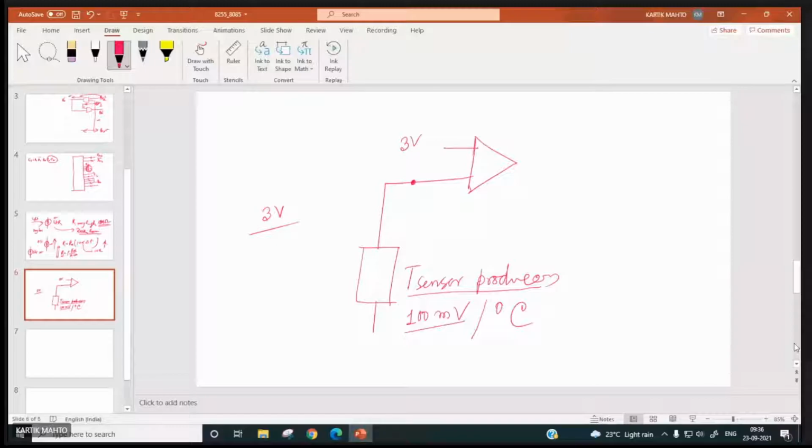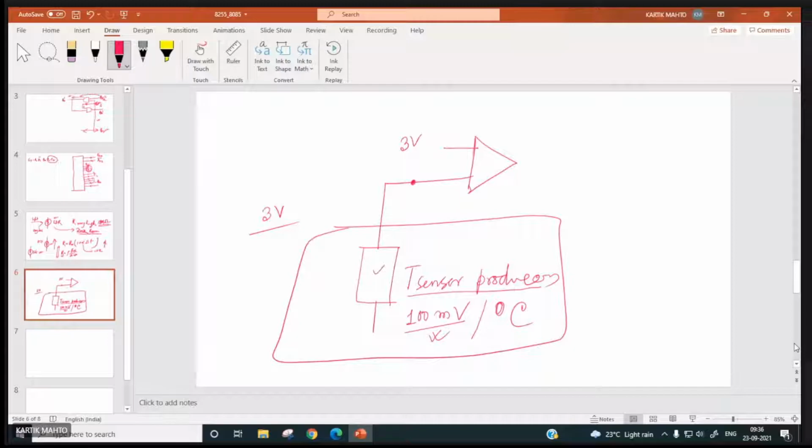No. This temperature sensor produces 100 millivolt per degree centigrade. So we have put this sensor inside a chamber. So when this temperature sensor is going to produce 3 volt, what is the temperature inside the chamber?